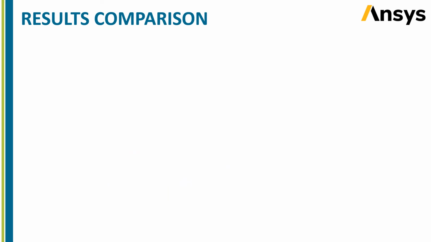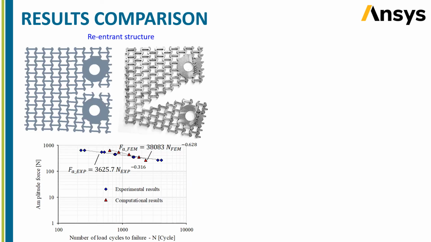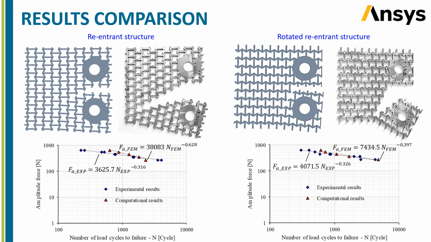Results comparison. In this slide, the computational and experimental results were compared. From the diagram, a good correlation is evident between the computationally calculated and experimentally measured fatigue life curves of the re-entrant and rotated re-entrant auxetic structures.